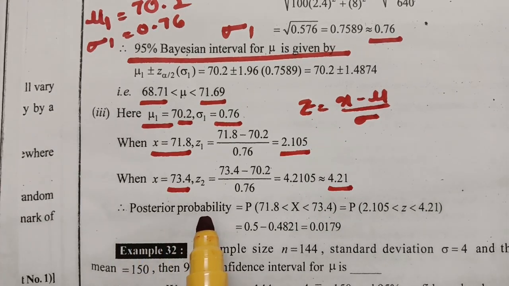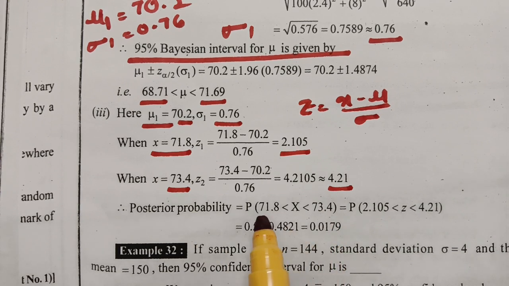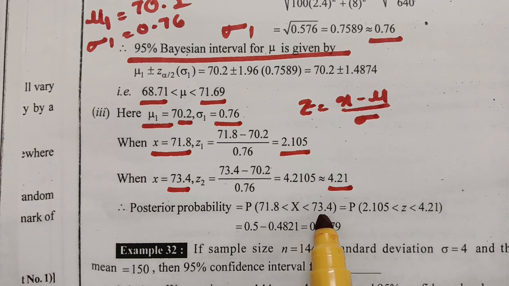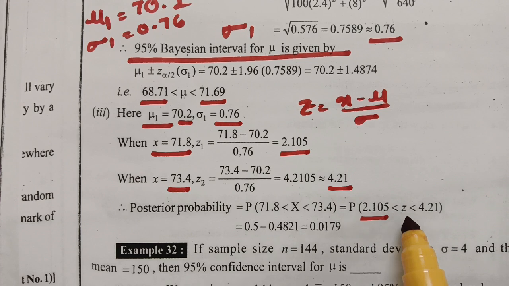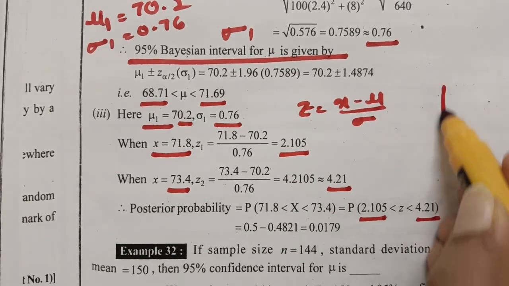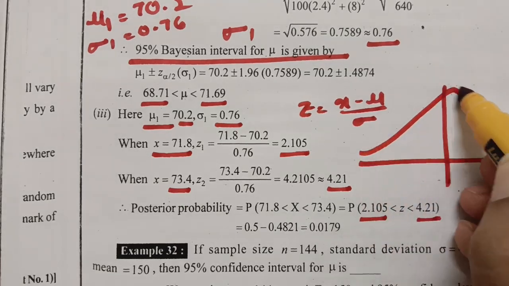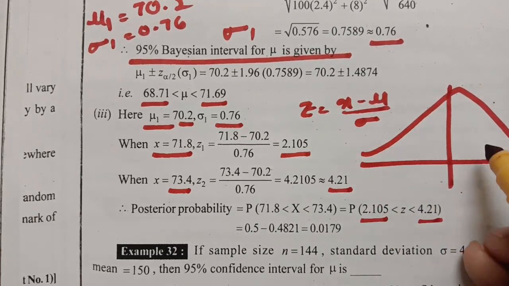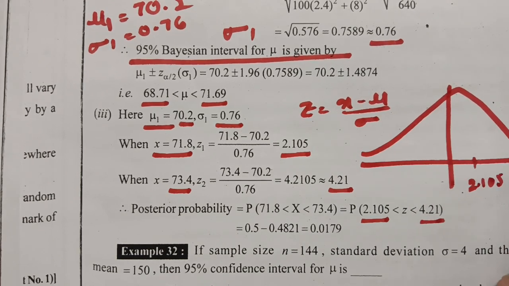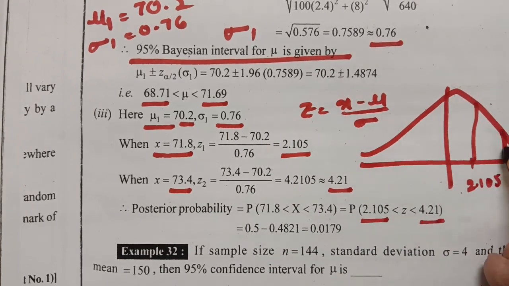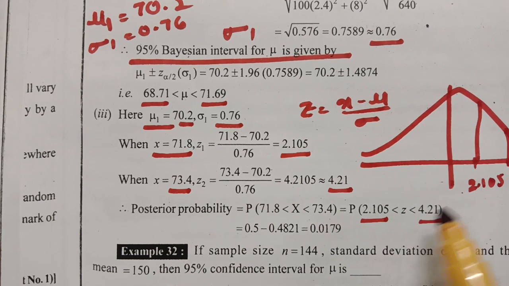Then the posterior probability for this first part, that is 71.8 till 73.4, in terms of z, is 2.105 less than z less than 4.21. The diagram is also so simple. This is 2.105 and this is 4.21, so z lies between these two values.